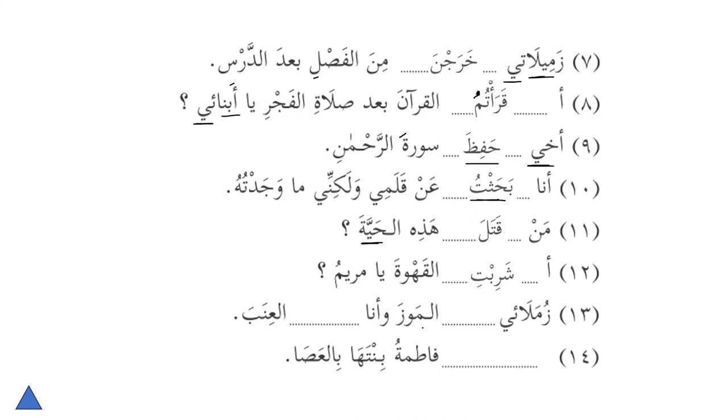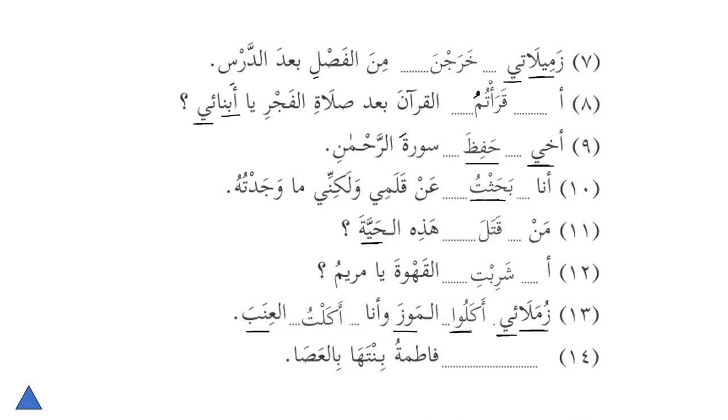زملائي الموزة وأنا العنبة. So you say زملائي أكلوا الموز وأنا أكلت العنب. My friends ate banana and I ate the grapes. And now we can see here زميل, and the plural of زميل is زملاء, and we have ya al mutakallim, so zumala'i, my colleagues, plural, so that's why the verb has to be plural.